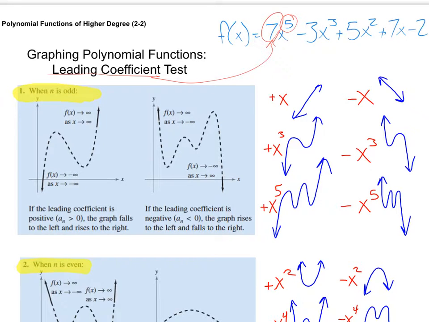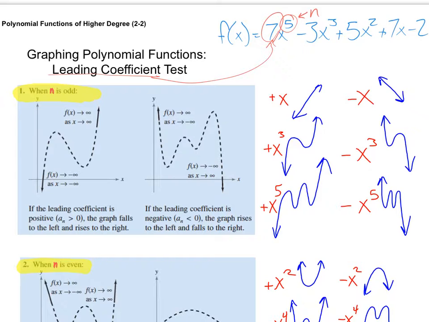Now, we see here we're talking about two different cases. First of all, when n is odd, and then when n is even. N, in this case up here, is 5. N is the degree of the polynomial.